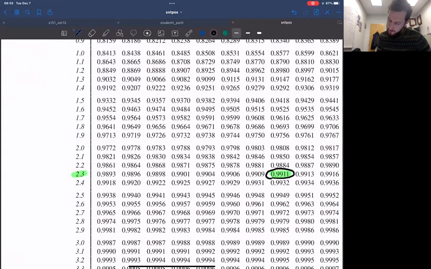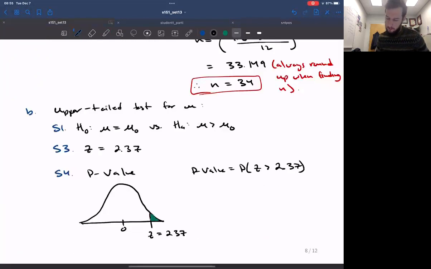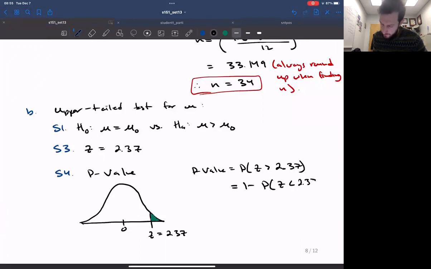This quantity, 0.9911, is the area underneath the curve below, or to the left of, our test statistic. We want the area to the right, which is 1 minus the area to the left. So that's 1 minus 0.9911, which is 0.0089.